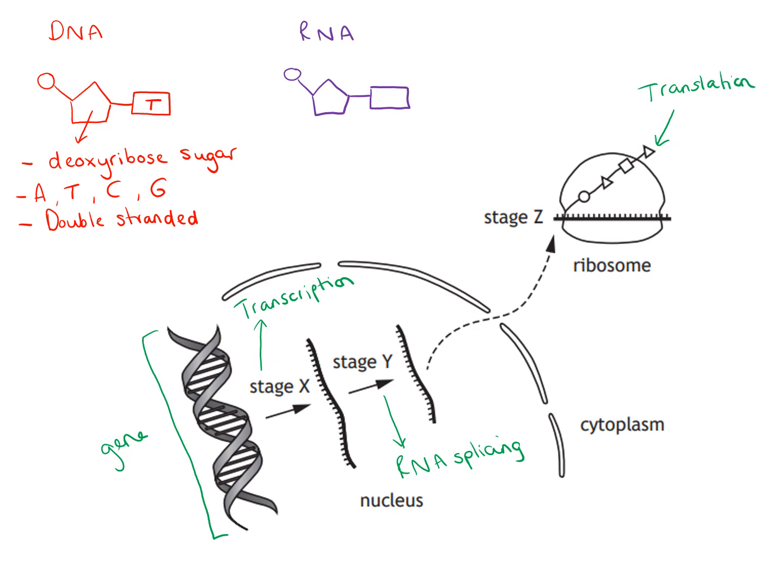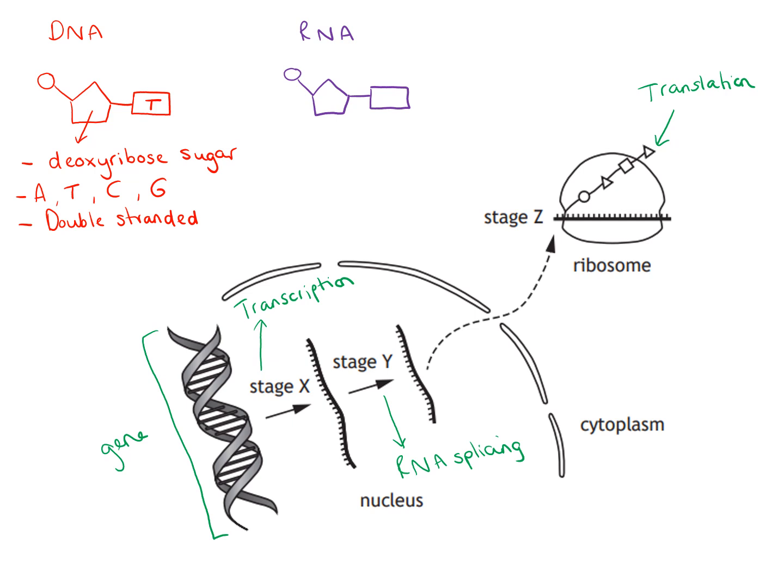Okay, so next thing that I want to look at just before we move on is we're going to look at the differences between DNA and RNA. If we look at our DNA here, we can see that we've got our base, our sugar and our phosphate. Our sugar here is deoxyribose sugar, and our bases are A, T, C and G, and we know that DNA is double-stranded.